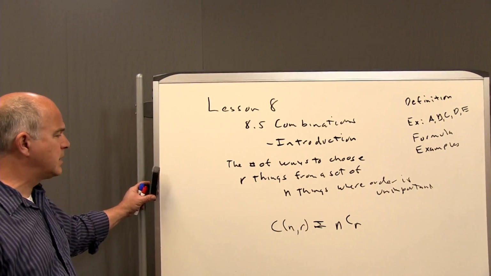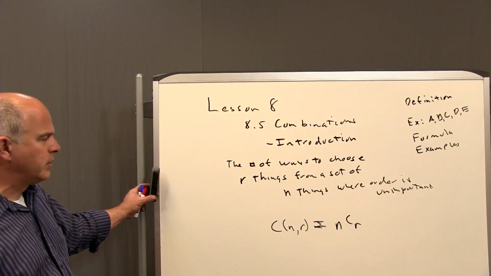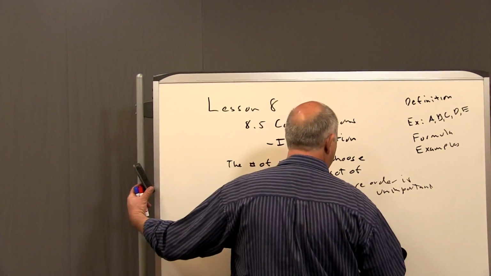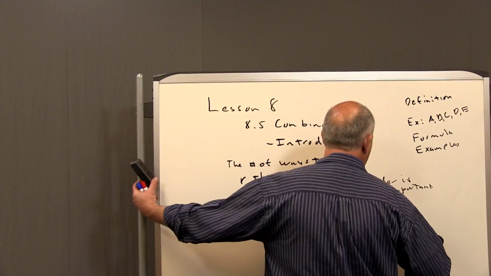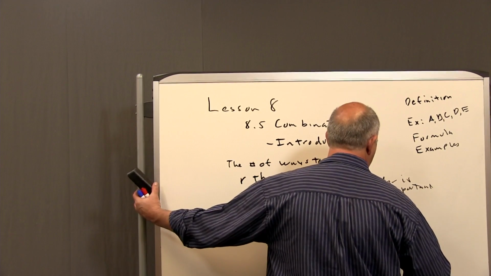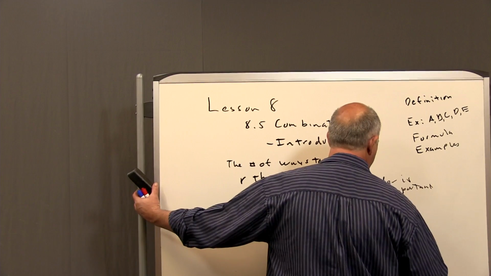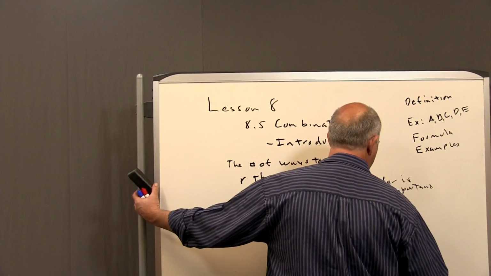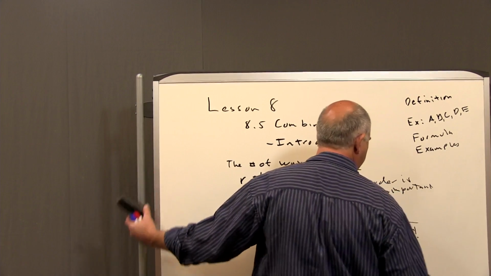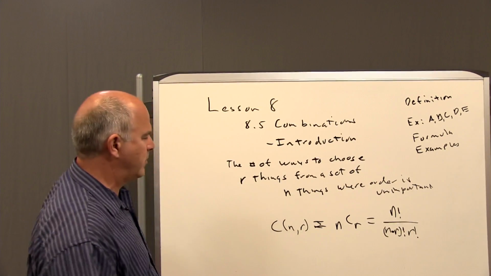And once again, just like with permutations, I strongly encourage you to find that button on your calculator, right? And that's just going to be n factorial divided by n minus r factorial, times r factorial. You're dividing out the number of ways to arrange those.